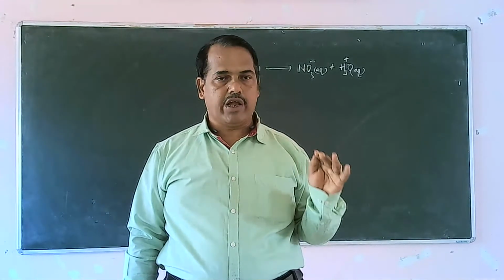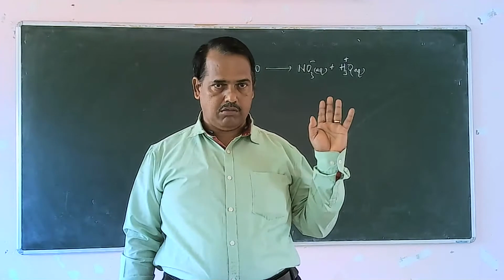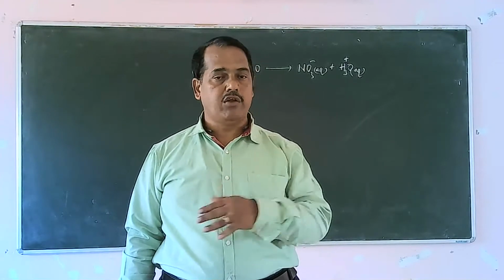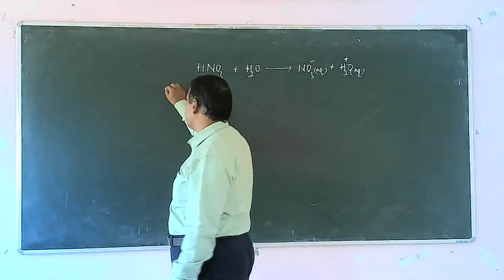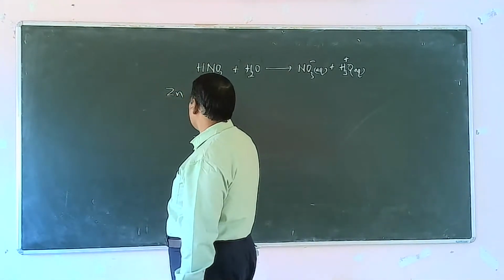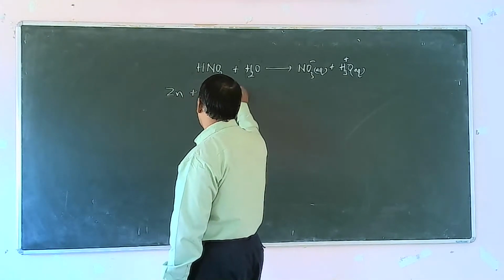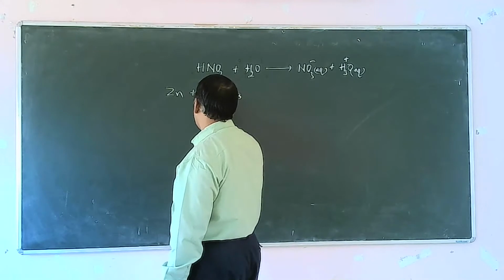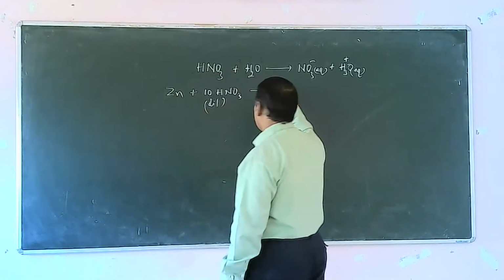How nitric acid reacts with metals, in both concentrated and dilute conditions. Nitric acid reacts with zinc. Zinc reacts with nitric acid, 10HNO3, in the dilute condition. You will get zinc nitrate.